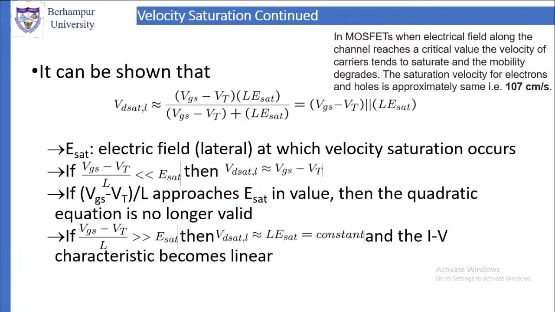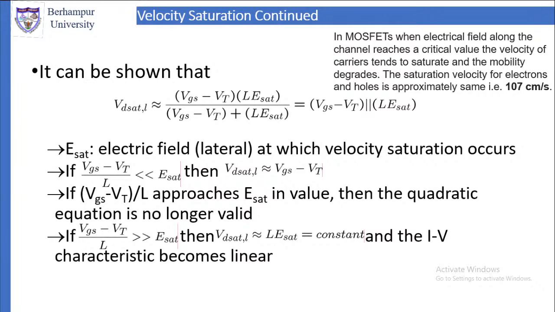Now the last case is VGS minus VT by L much greater than E saturation. In that case, in the denominator we neglect LE saturation compared to VGS minus VT. Then VGS minus VT in the numerator and denominator cancel out, leaving VD saturation approximately equal to LE saturation.